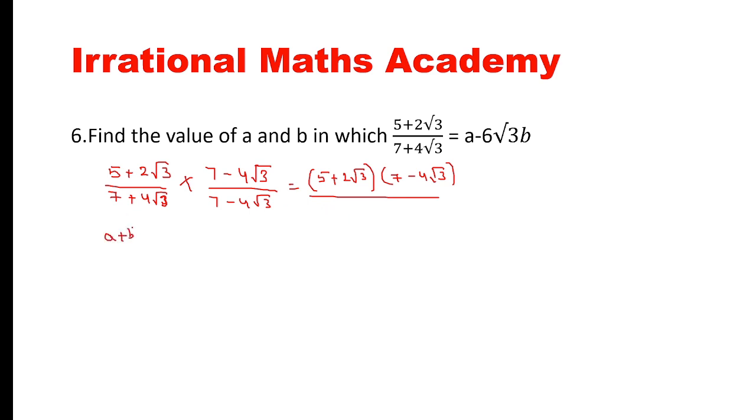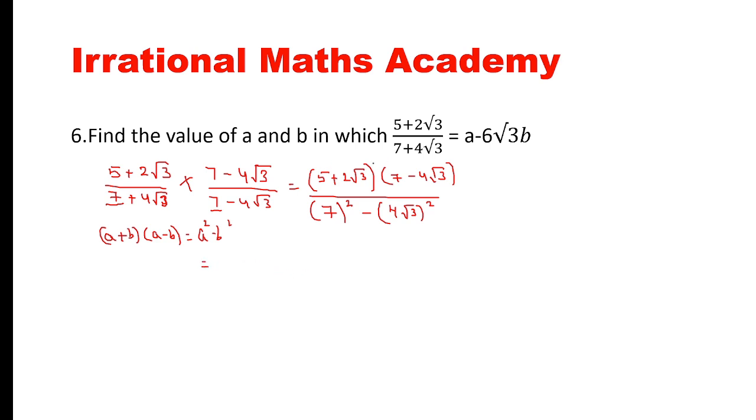If it is of the form a plus b into a minus b, what will you get here? a square minus b square. You see here, this is my a, this is my b. So what I'll do: 7 square minus 4 root 3 whole square.